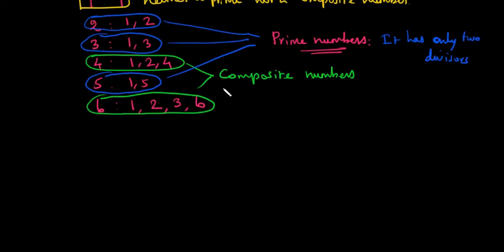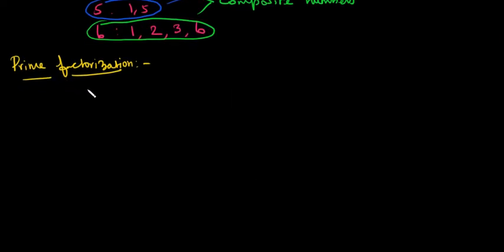That is called prime factorization. So we are going to learn prime factorization. So what is prime factorization? Any number can be written as a product of prime numbers.